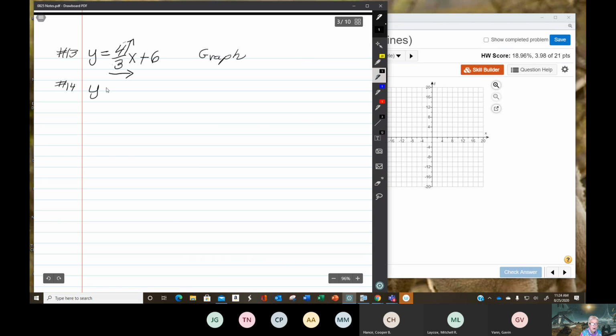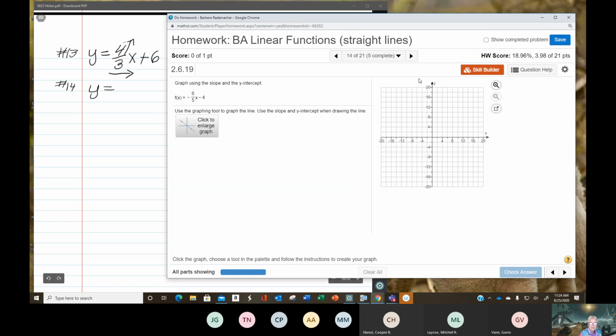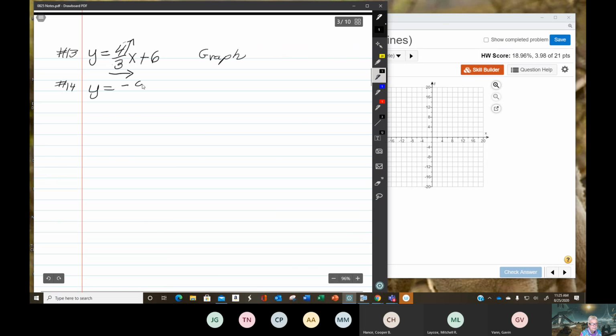And here we have y equals -6/5 x minus 4. Here's my strategy. Start at -4 on the y-axis.